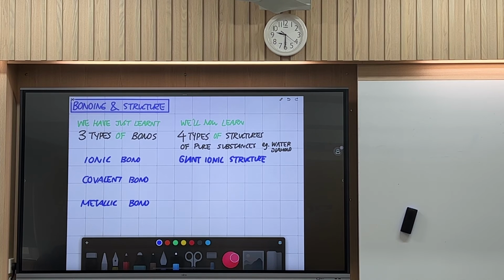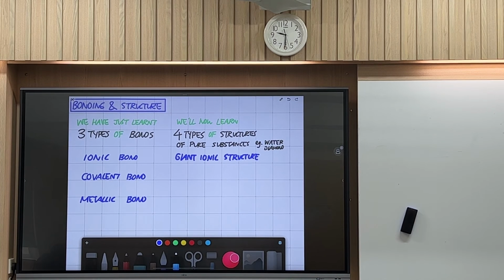I know the book has a 5th one, but I consider it part of the other structures. Don't worry.